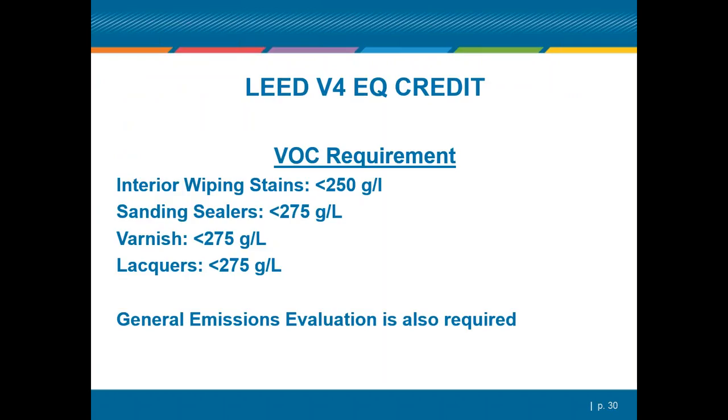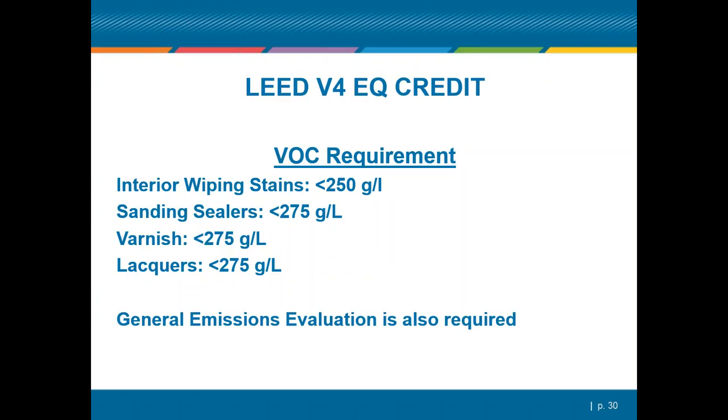All right, let's talk about LEED v4. Because when it comes to wood finishes, herein is a problem, if you will, or an issue to discuss with paint specification. As you can see here, the VOC requirement for interior wiping stains is less than 250 grams per liter, and sanding sealer is less than 275 grams per liter, varnish is less than 275, and lacquer is less than 275.